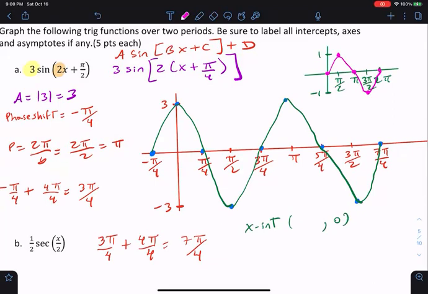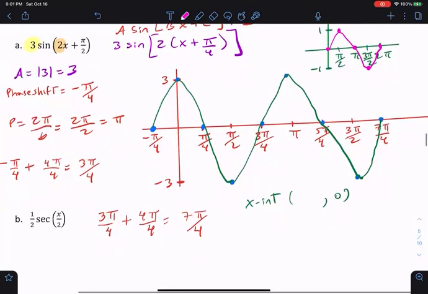This is 2 pi, pi. So at pi and at 0, and you have at 3 pi over 2. So you can say 2x. Your x-intercepts are at pi, and so 2x plus pi over 2 equals pi.